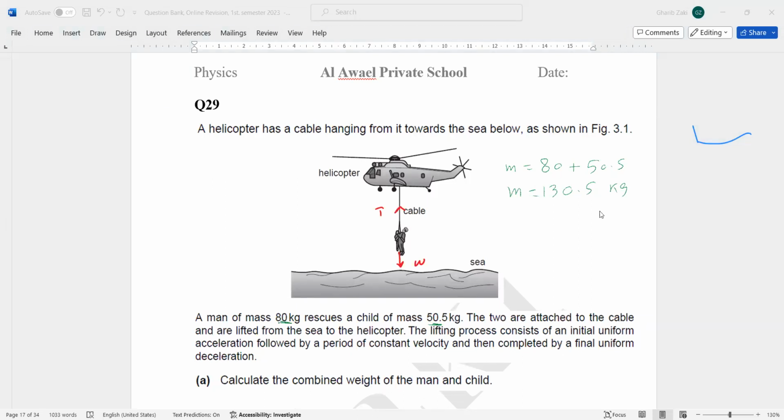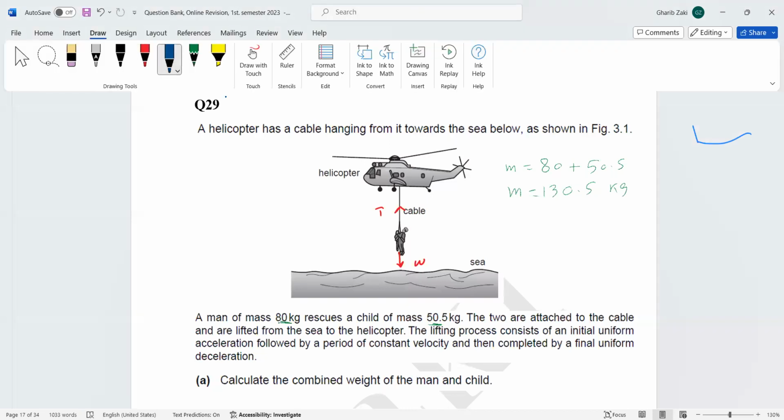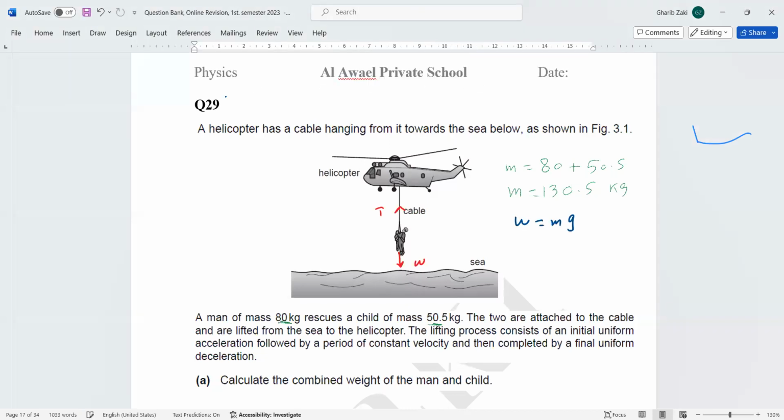Okay, yes. Now, the total weight here, we can get it. So the weight equals mg. M is 130.5 multiply 9.81.